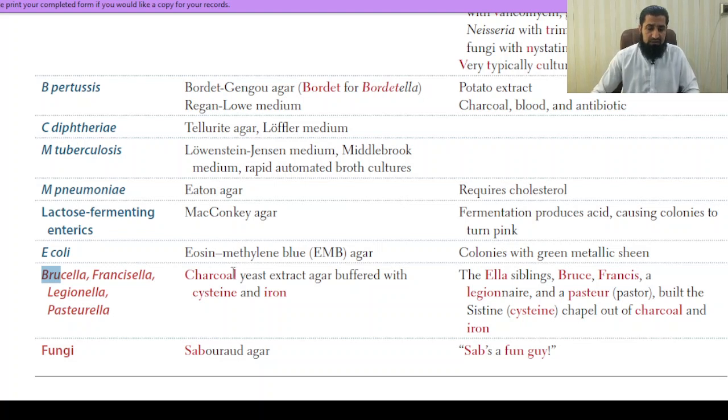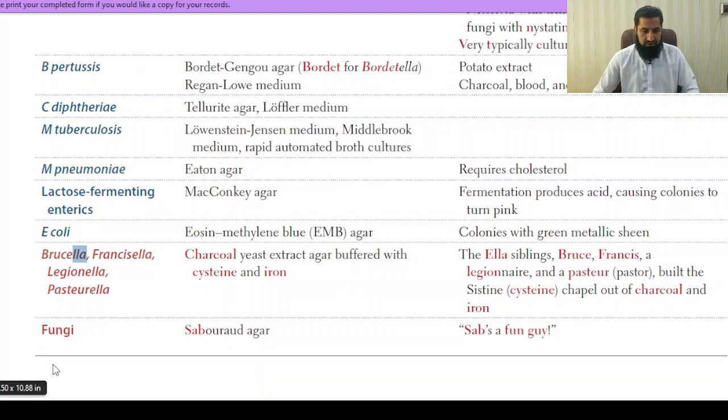Growth medium for these microbes is charcoal yeast extract agar buffered with cysteine and iron. Remember the siblings: Brucella, Francisella, Legionella, and Pasteurella, which need cysteine, charcoal, and iron.